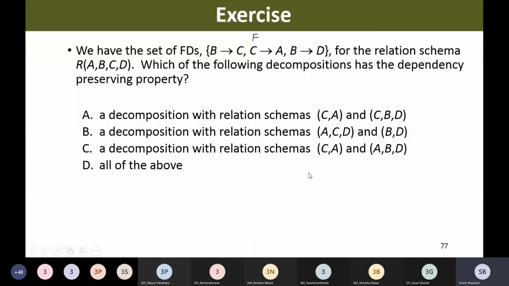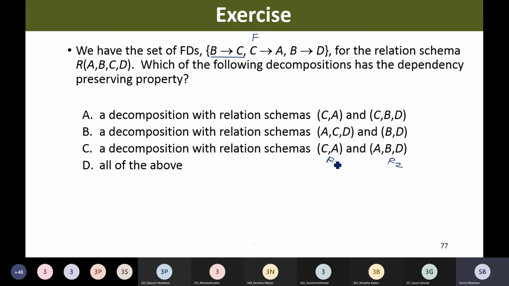So if you are saying that the answer is C, then see the first dependency B to C. If I want to check this dependency B to C, then this is my R1 and this is my R2. Do I need to compute a join to test for B to C? Yes. Correct, because B belongs to relation R2 and C belongs to relation R1.